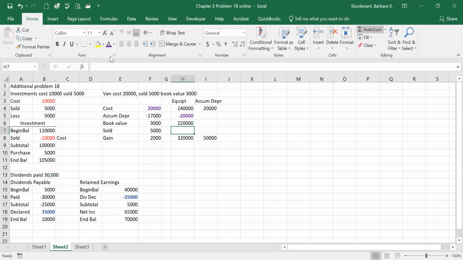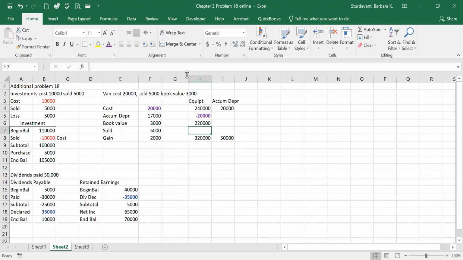And this is why when you're doing depreciation entry, you never put the depreciation in the equipment account. We put it in the accumulated account. The equipment account only holds the cost. So to go from my subtotal to my ending balance, what number do I put in there? 100,000.